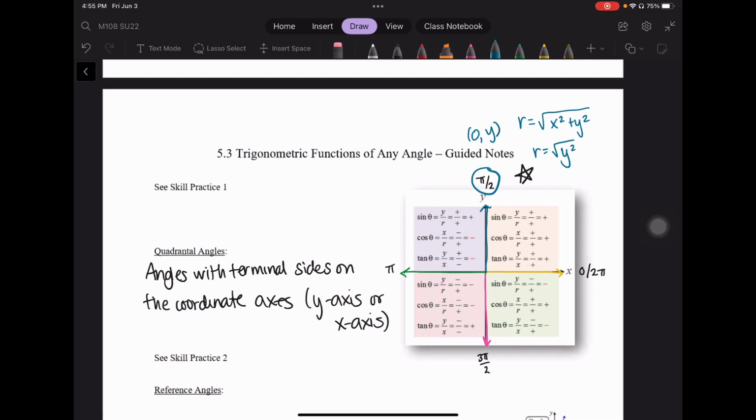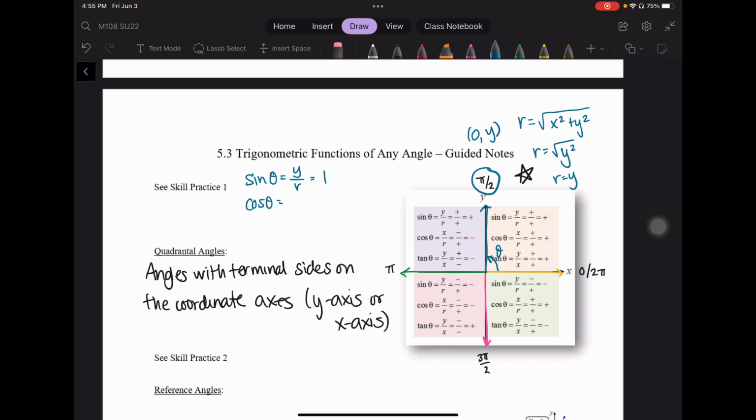R is y squared, or r is equal to y. So if I was to evaluate the sine of some theta here at 90 degrees, that's going to be the y value over r. Well, y is equal to r in this case, so that's just going to be 1.